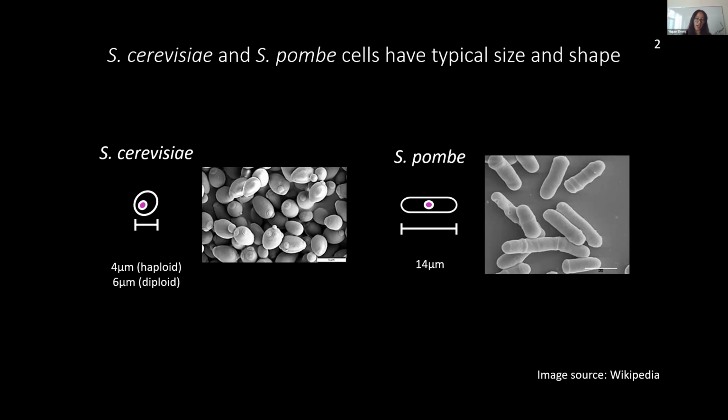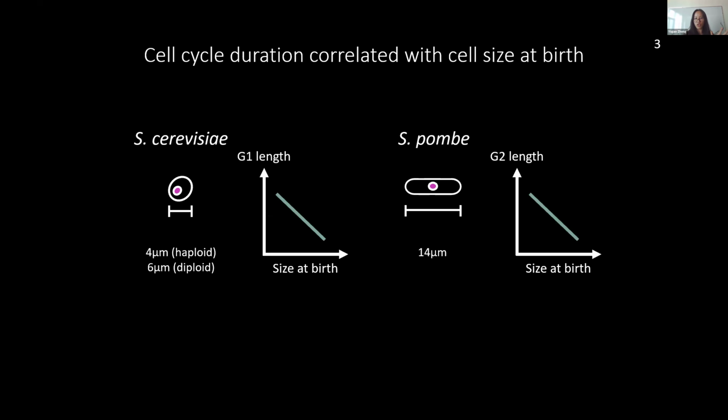For example, cerevisiae haploid cells are typically 4 micrometers in diameter, and diploid is 6 micrometers. And pombe enters mitosis around 14 micrometers in abundant nutrient conditions. This very tight size distribution is in part due to the tight coordination between cell cycle progression and cell size.